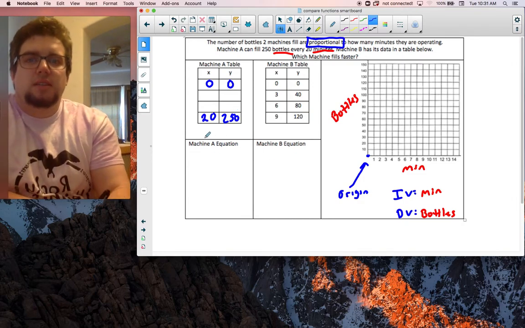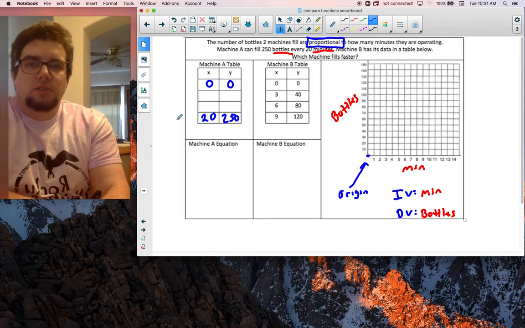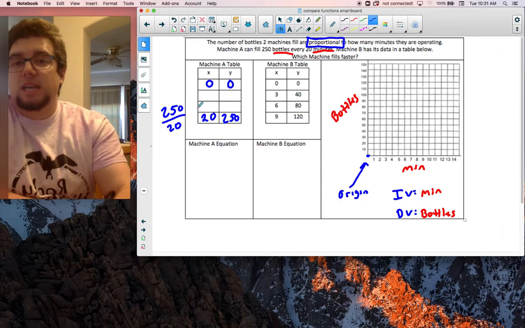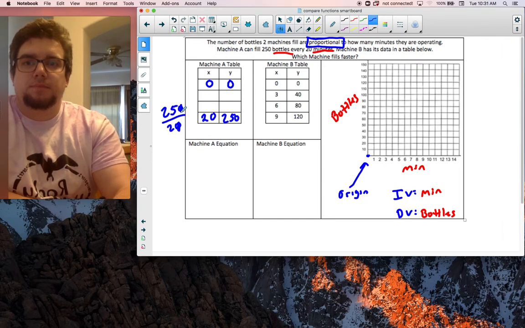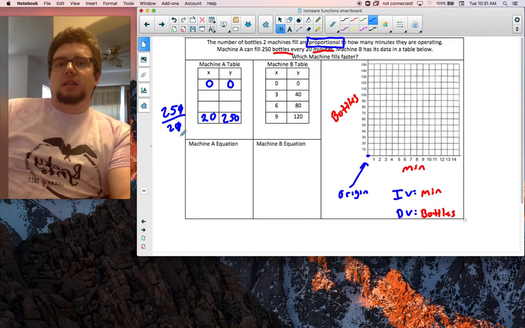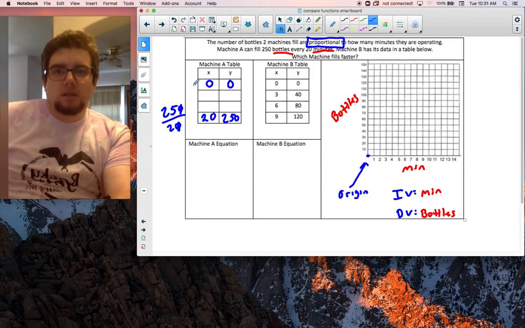So that gives us our rate of change of 250 over 20, which can be simplified to 25 over 2. And that rate of change is directly what we're going to use.